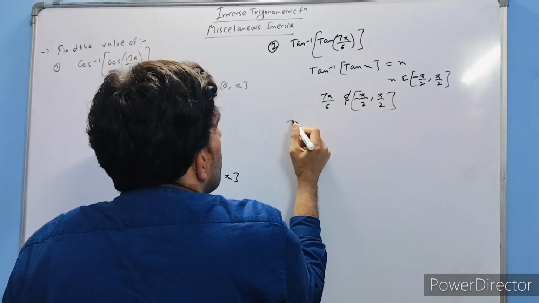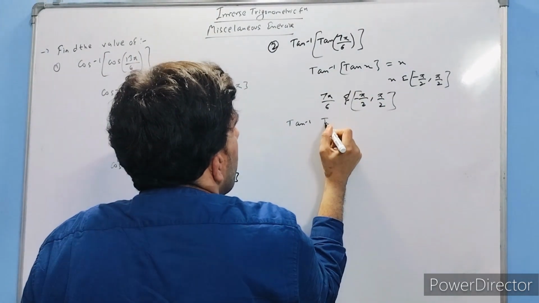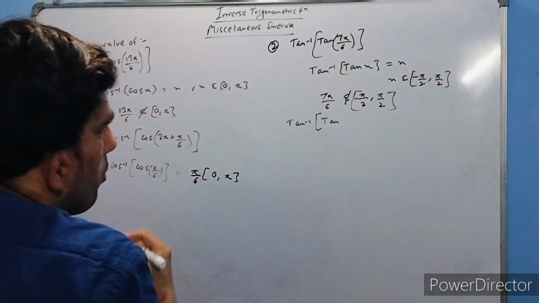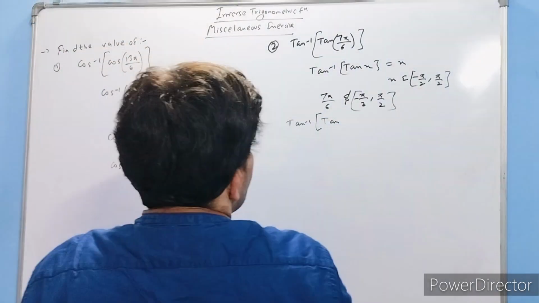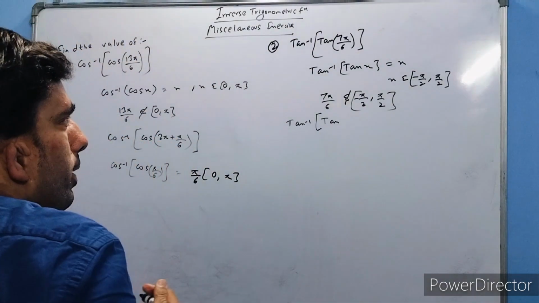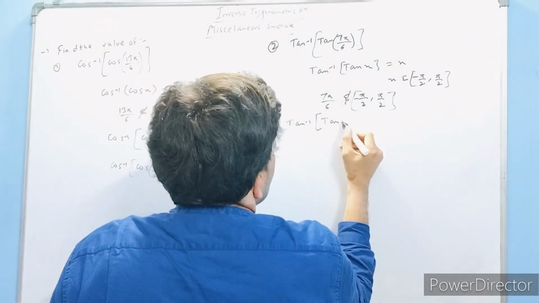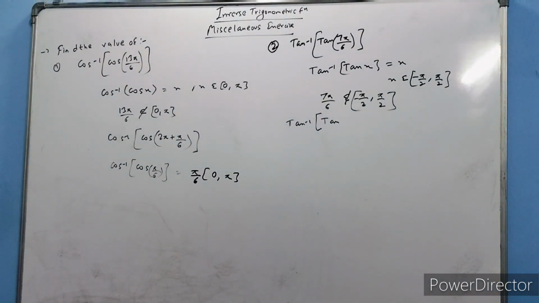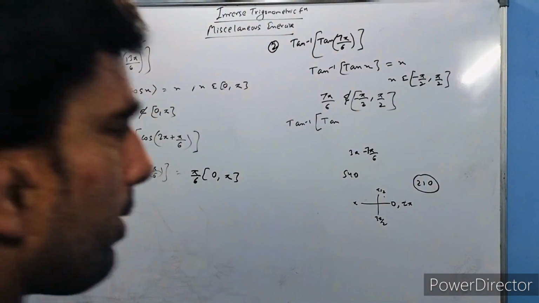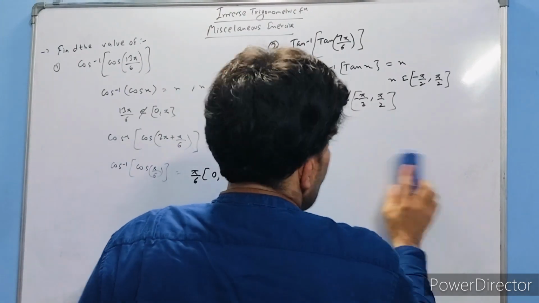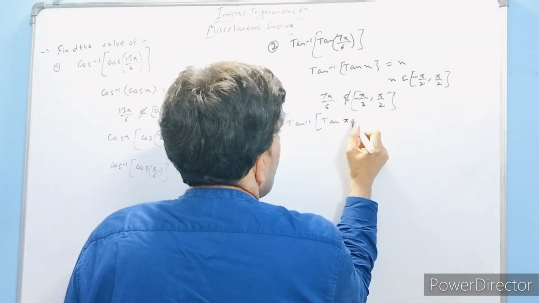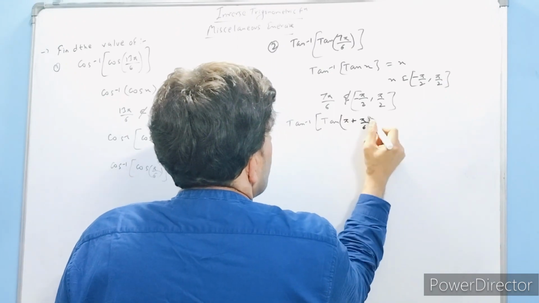So what we can write here: tan is positive in the third quadrant, so we can write it as pi plus pi upon 6.